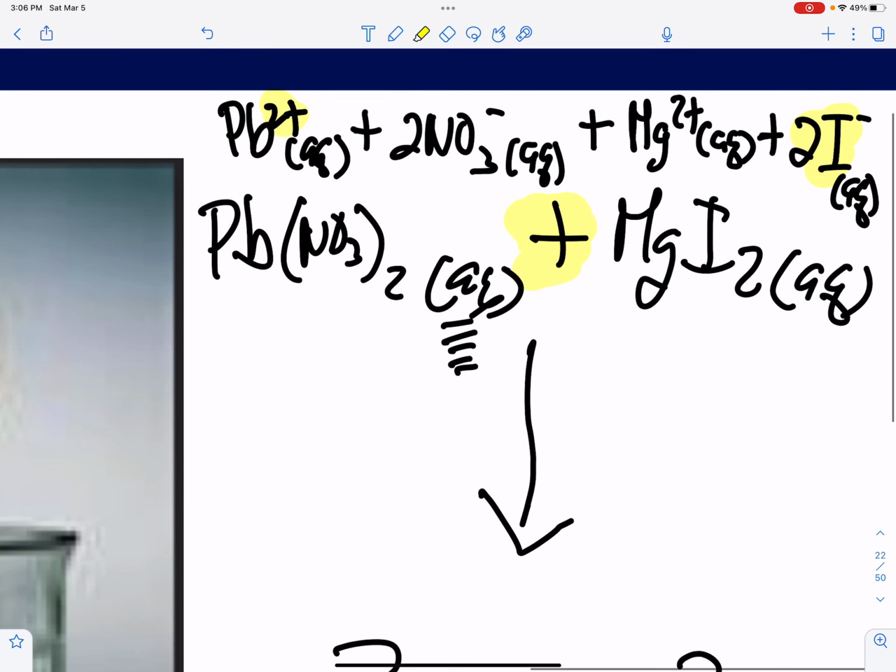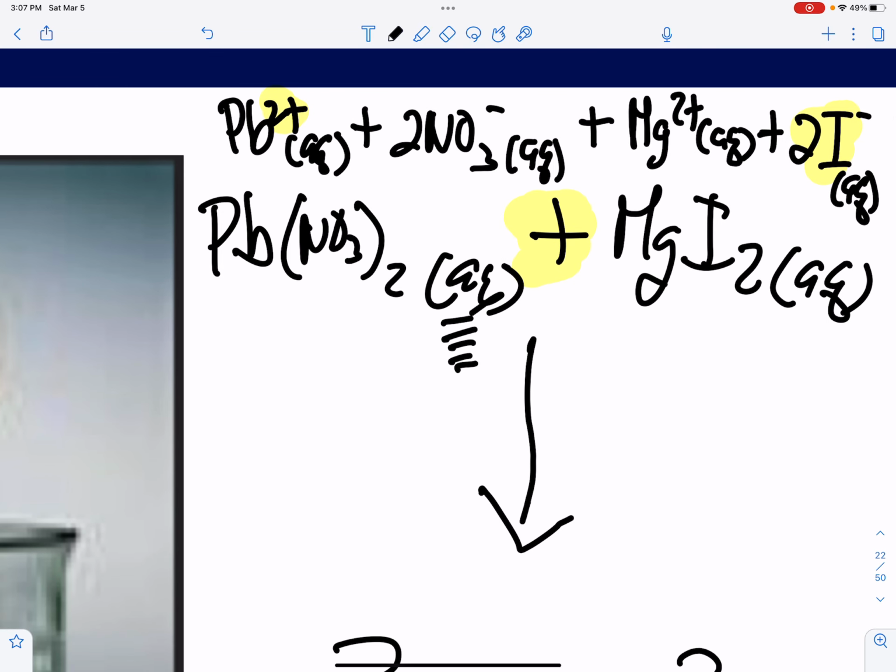So my product is going to be lead(II) combining with iodide. So I'm going to get lead(II) iodide, which according to the solubility table is going to be a solid.